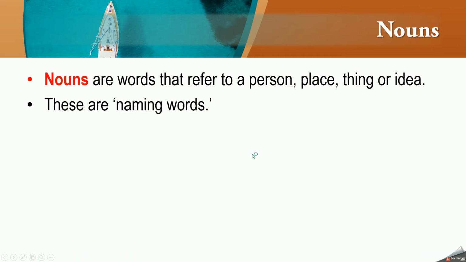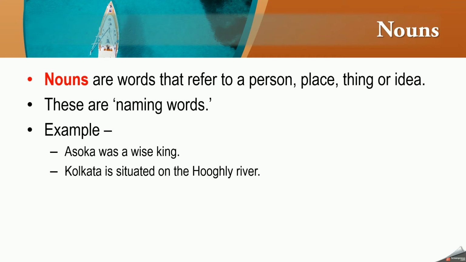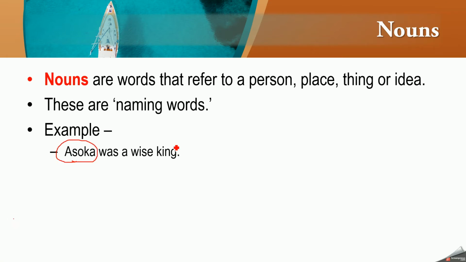These are naming words. For example, Ashoka was a wise king. In this, what should be your noun? I'll just point out the noun here. Ashoka is a noun, king is a noun.